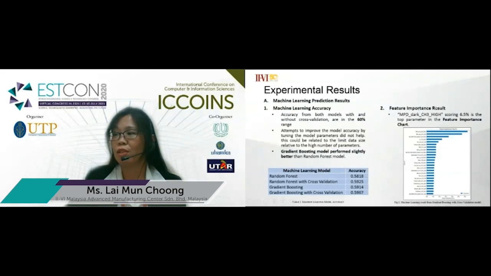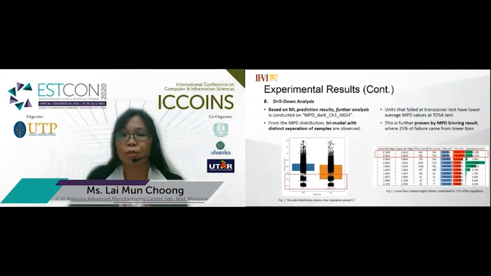Feature importance result shows that parameter MPD dark CH3 high is scoring 6.5%. It is the top parameter in the feature importance chart. Drill down analysis based on the machine learning prediction results shows that from the MPD distribution, a tri-modal with distinct separation of samples are observed.